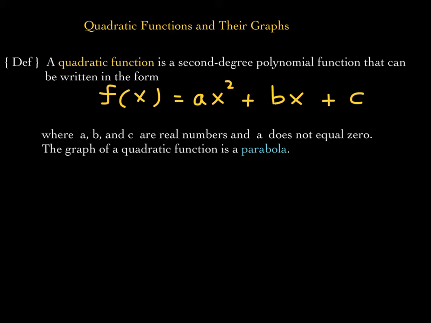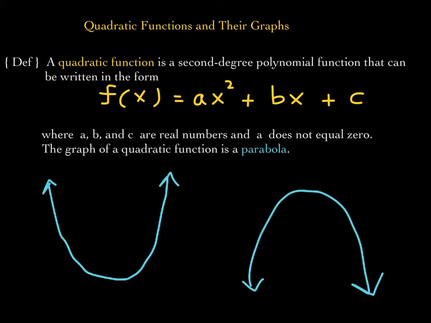Now, the graph of any quadratic function is a parabola, which is a U-shaped graph. We will study parabolas opening upward or downward. If a parabola is opening upward, then it has a lowest point called the minimum, and the minimum is located at the vertex of this parabola.